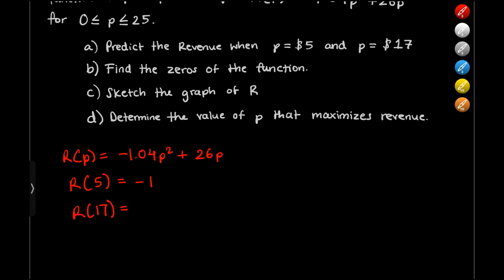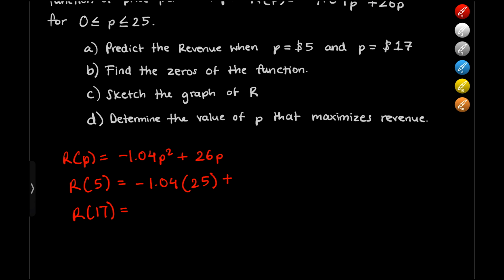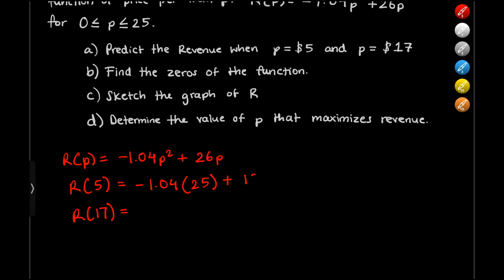So it becomes negative 1.04 times 25, because that's 5 squared, plus 26 times 5, which is 130. And now I'm going to use a calculator for this. So negative 1.04 times 25 is negative 26. So the answer is 104.